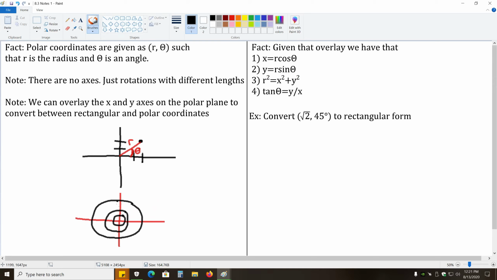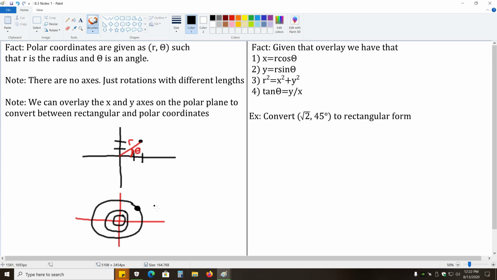So once we take all these circles and put them on our x and y axes, we overlay it, then if we want to find how to transfer a point from the polar plane to the rectangular plane, all we have to say is, where is this point on this circle in the rectangular plane? Let's just measure it up. And that's basically the idea.